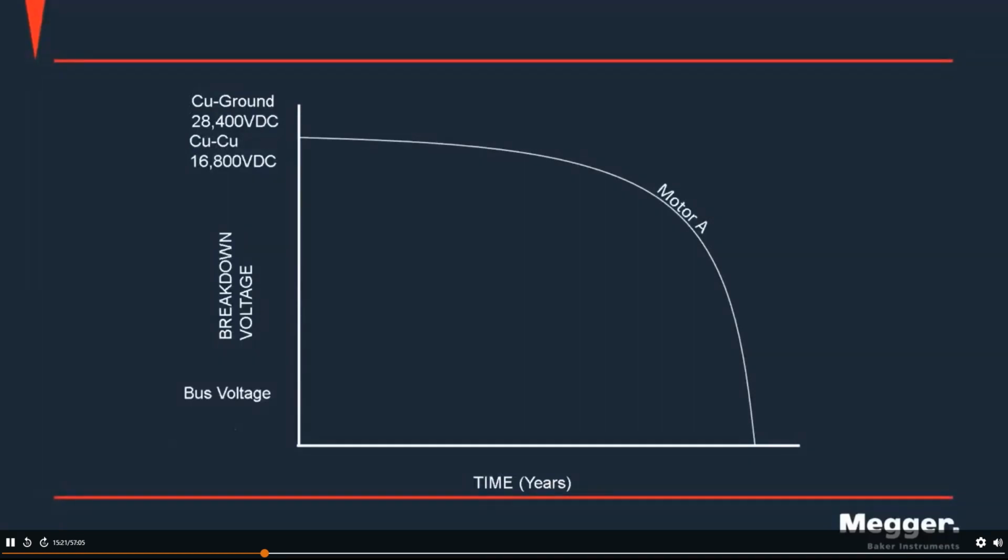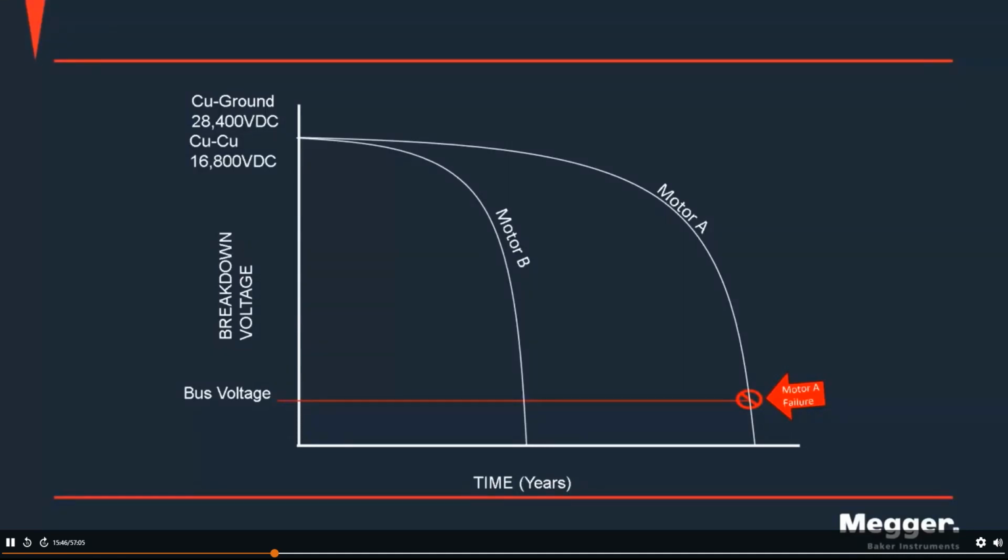So another thing to keep in mind is the rate at which this motor's insulation is going to degrade is going to be based on its environment. So here we have a motor A, and of course, when that insulation drops, as we said, below bus voltage, that's where the failure is going to occur. But we might also have motor B, the sister motor of motor A, if you will.